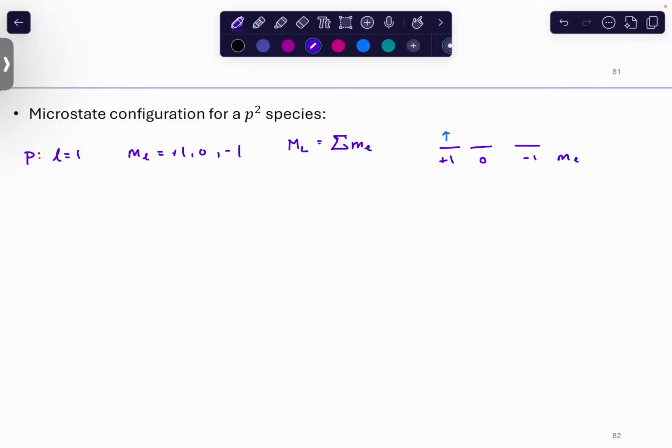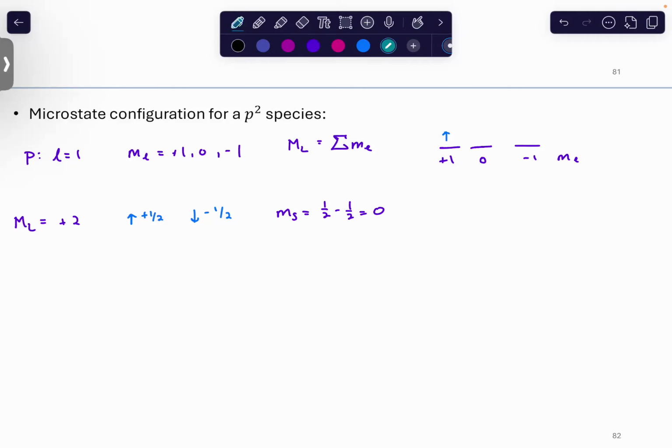So we're going to start with, let's say, they're both in the M sub L equals 1. That's going to give us a capital M sub L of +2. And there's only one possible state for this. If they're both going to be in the same orbital, they have to be anti-spin. Your M sub S is going to be 1/2 minus 1/2 equals 0.